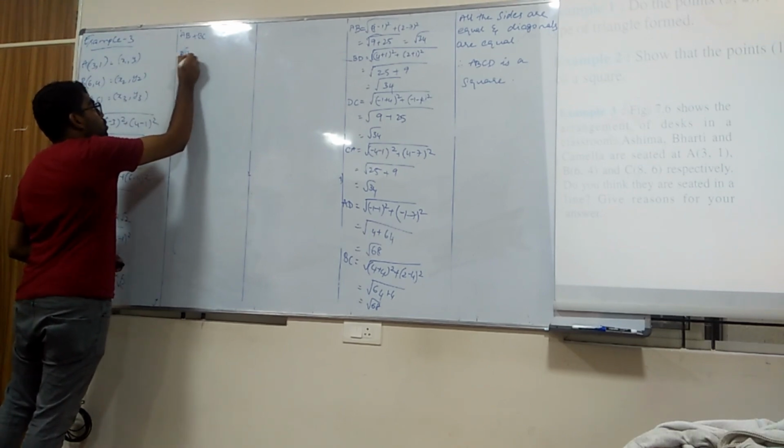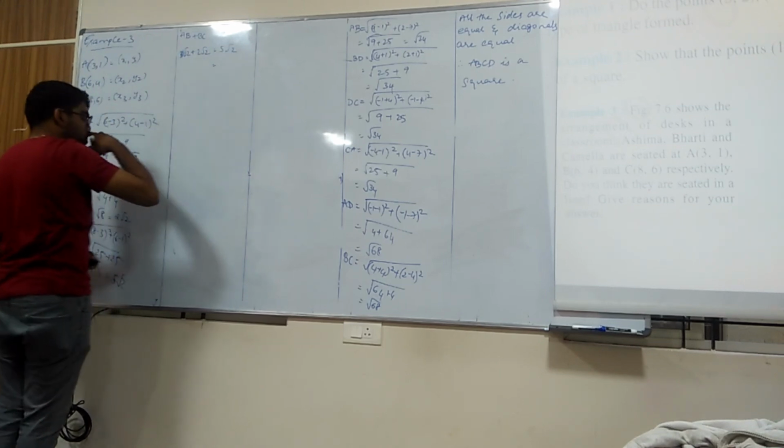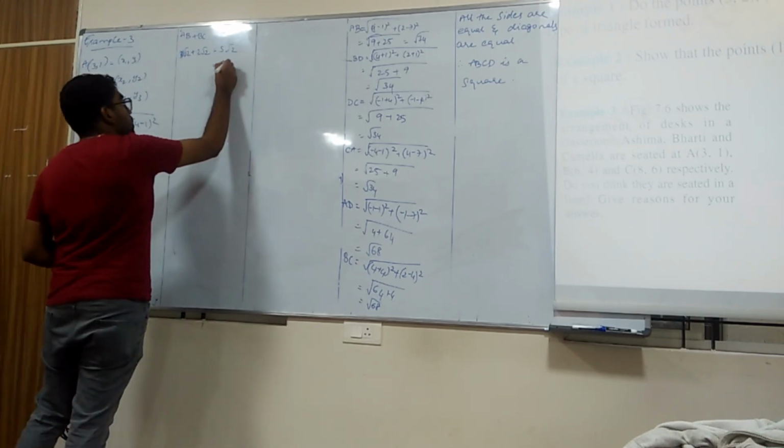This is 3 root 2 plus 2 root 2, which is equal to 5 root 2, which is equal to CA.